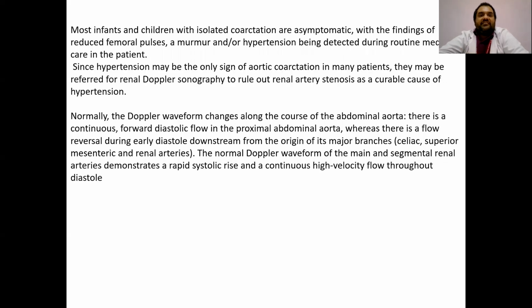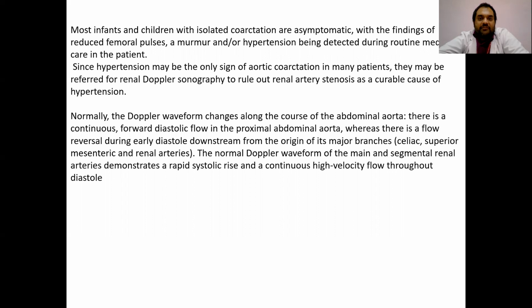Most infants and children with isolated coarctation are asymptomatic, with reduced femoral pulses, a murmur, or hypertension being detected during routine medical care. Since hypertension may be the only sign of aortic coarctation, many patients may be referred for renal Doppler sonography to rule out renal artery stenosis as a curable cause of hypertension.